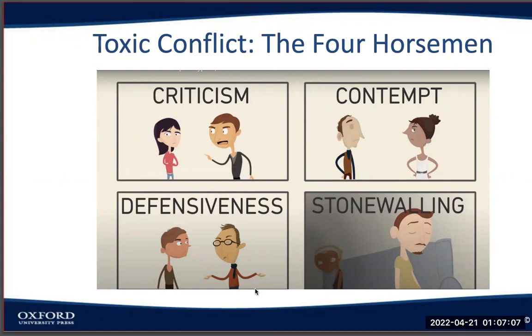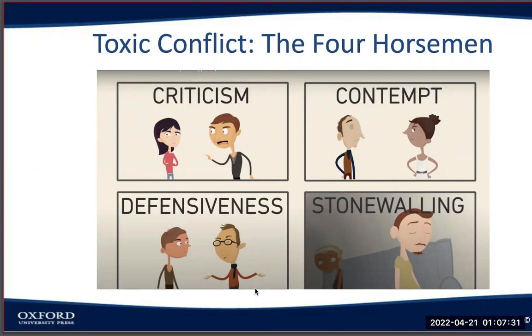And then stonewalling. Stonewalling occurs when one person in the relationship withdraws from the interaction. They shut down dialogue, and any chance of resolving the problem in a mutually satisfactory way is not happening. It sends a message like you don't matter to the other person.